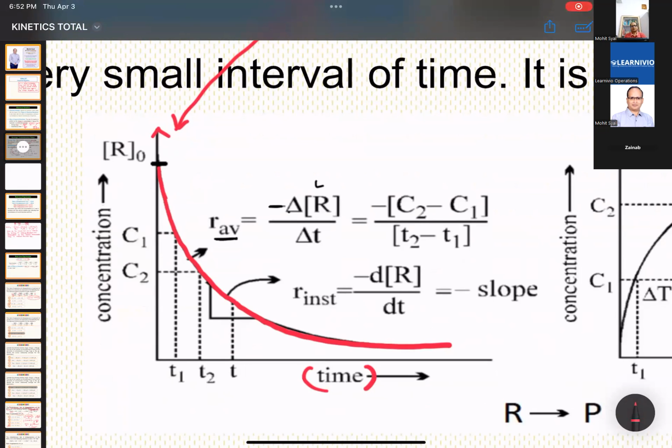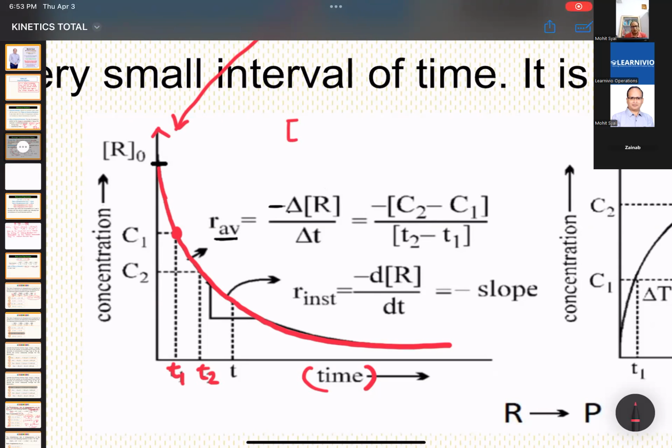So if you want to measure the average rate, you take two time points, time t1 and time t2. That could be 5 to 10 minutes. You will be provided a table of numerical values. Suppose I ask you to measure the average rate between time t1 and t2, how will you measure? Change in concentration by the time.